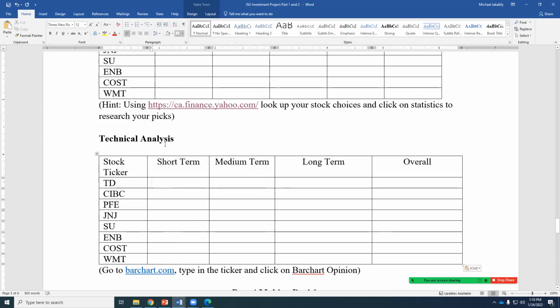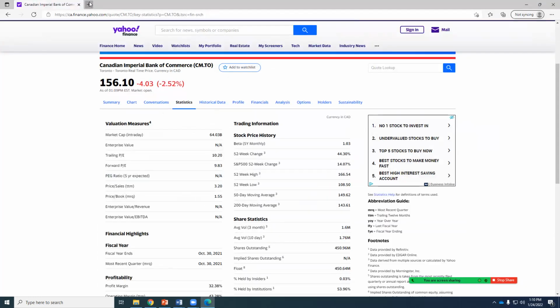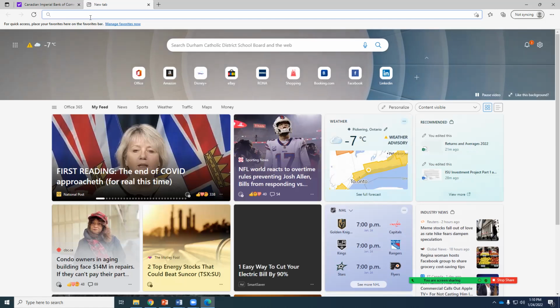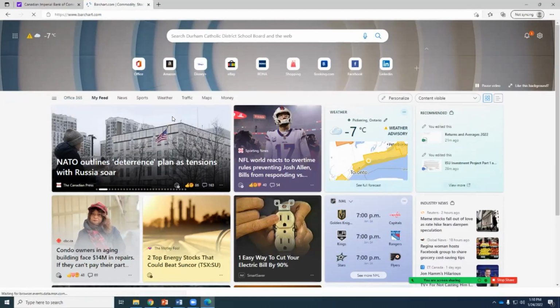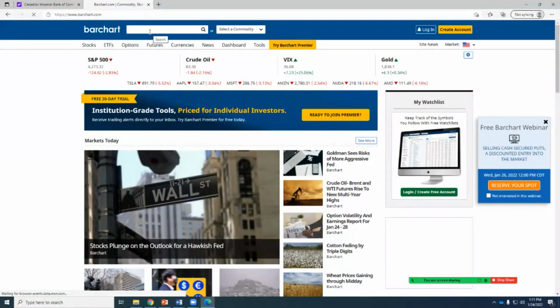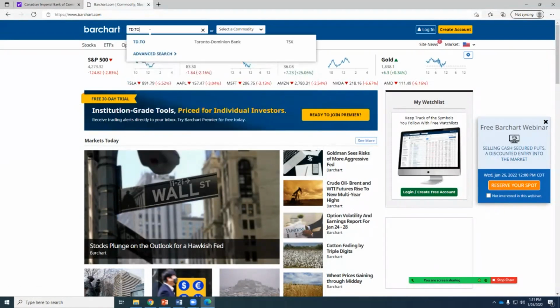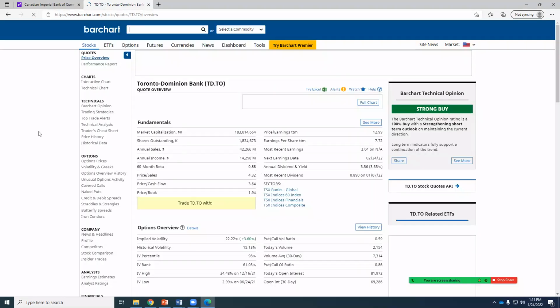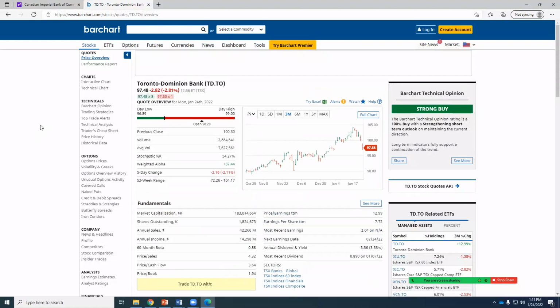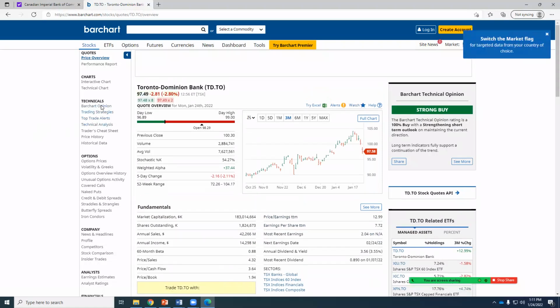It should work right now. I'm going to go to barchart.com. Okay, and in Barchart, I'm just going to type in TD. Again, I'm going to put that .to. Okay, and it comes up right away. I'm just going to close all these things. The next thing I want to do is click on Barchart Opinion here.